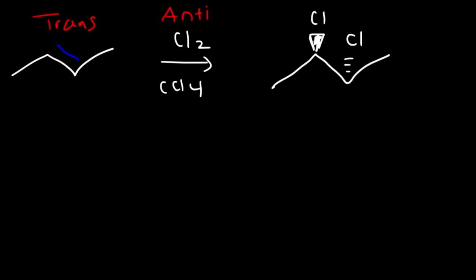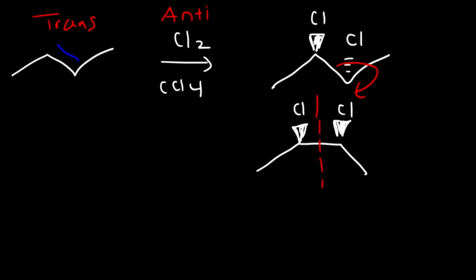Now single bonds have free rotation, so we can draw a different conformer. If we change the conformation by rotating this molecule, the Cl that was in the back is now in the front. And so notice that we do have a line of symmetry, which means that this is a meso product.